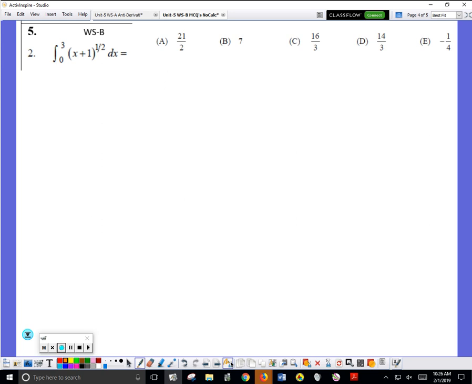Nothing's wrong. Really good notation also. It looks okay. Hold on a second.